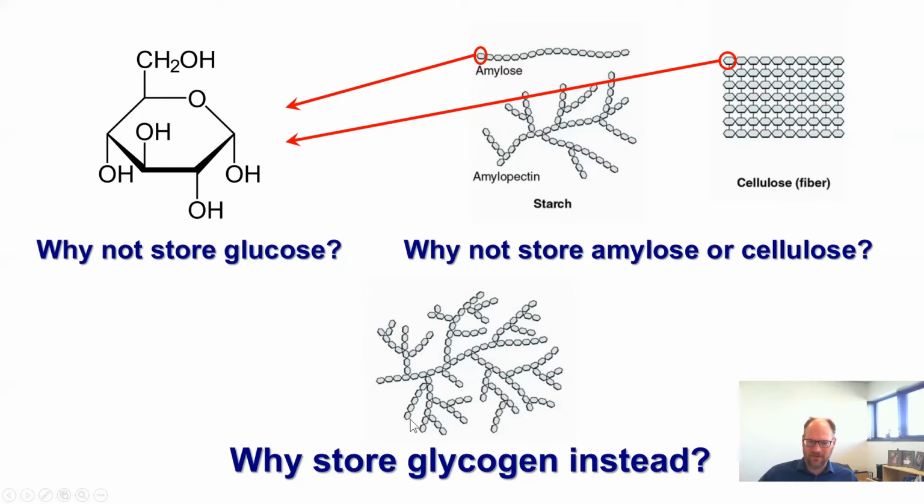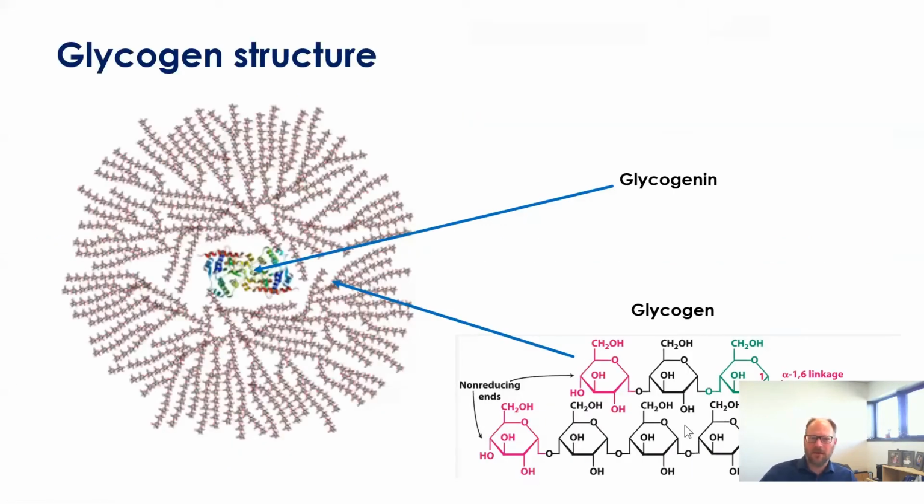But when you have a whole bunch of different ends, you can have a whole bunch of enzymes operating at the same time, all breaking it down and mobilizing it at the same time. So we store it as glycogen in this branched form because it allows the glucose to be mobilized very quickly if it needs to be. Okay, so glycogen is not just carbohydrate.